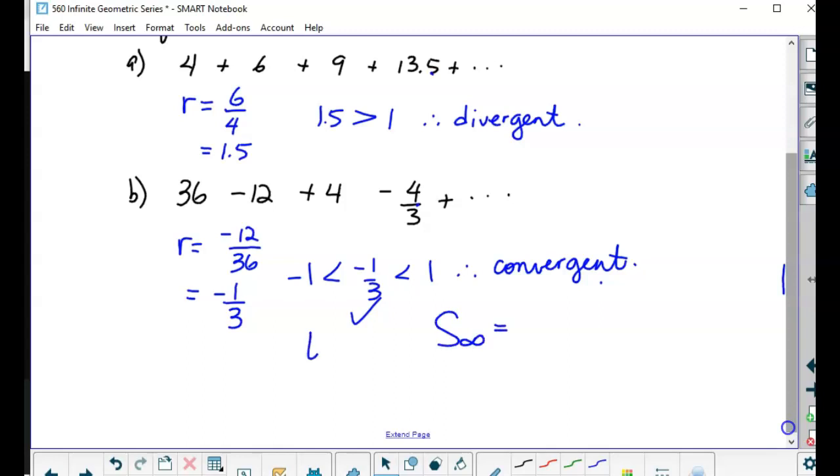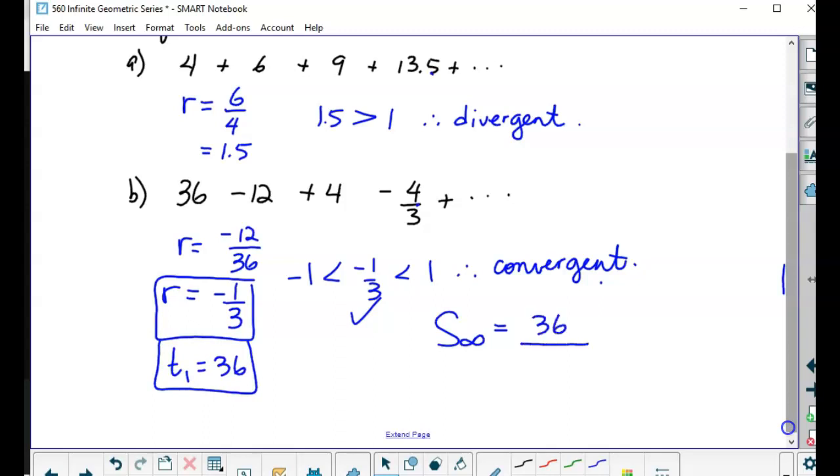So we need r and t1, and that's all you need. 36 over 1 minus r.